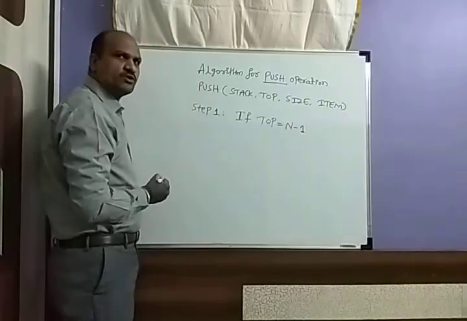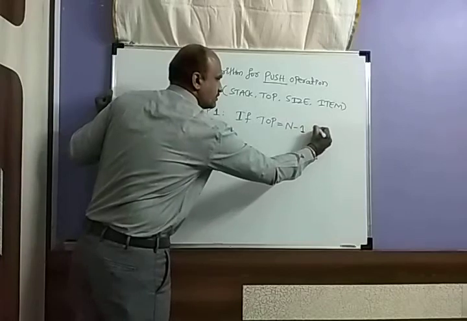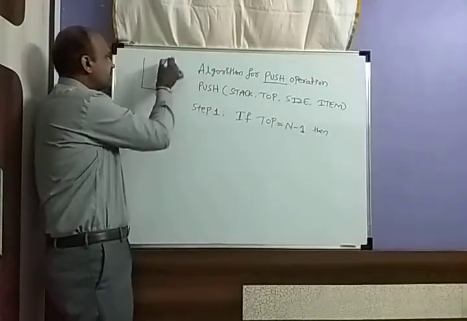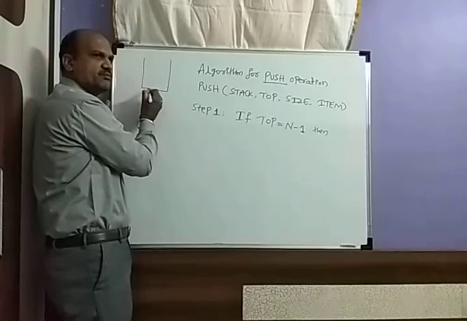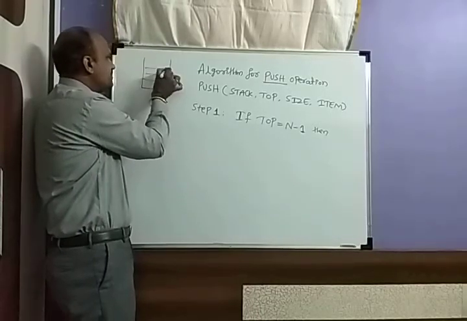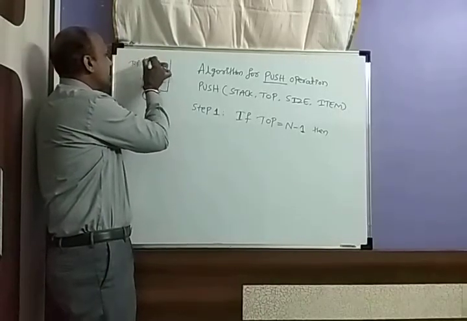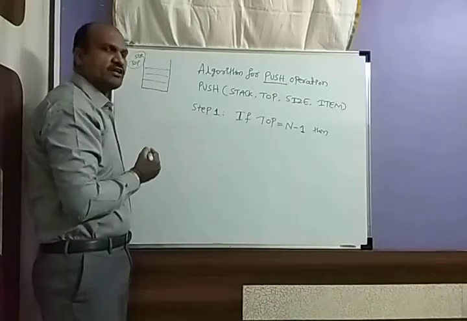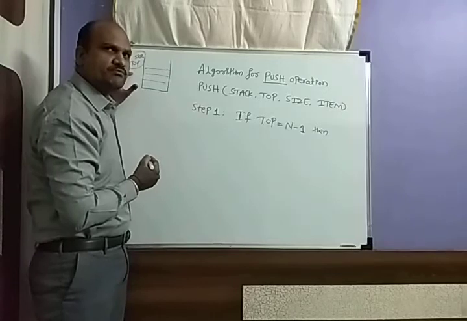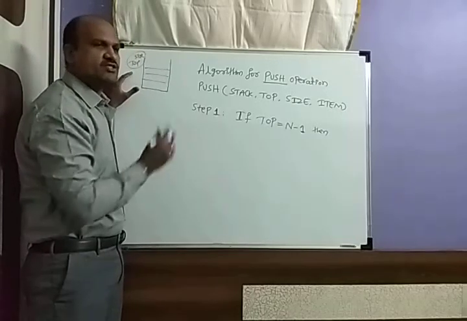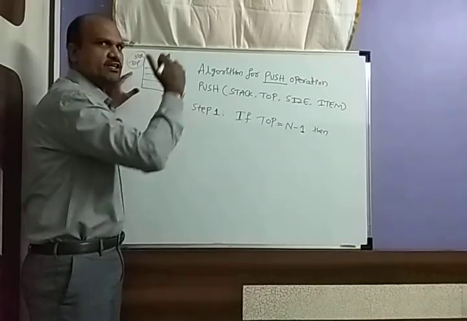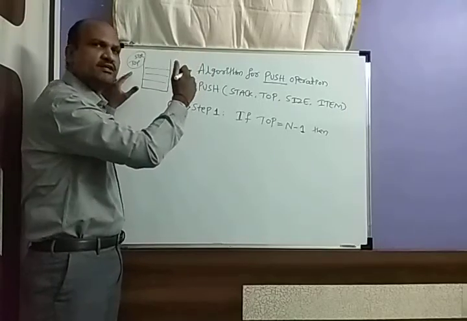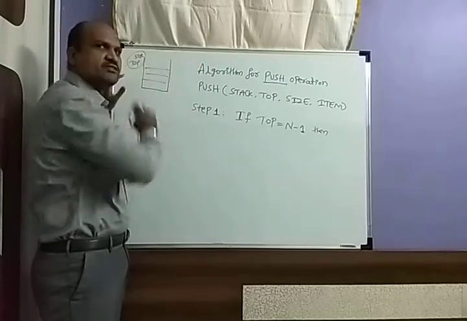As I told you, in an empty stack when you add elements the top moves up, and if the top becomes the same as the size you have given, then your stack is full. The top element has reached the size of the stack.